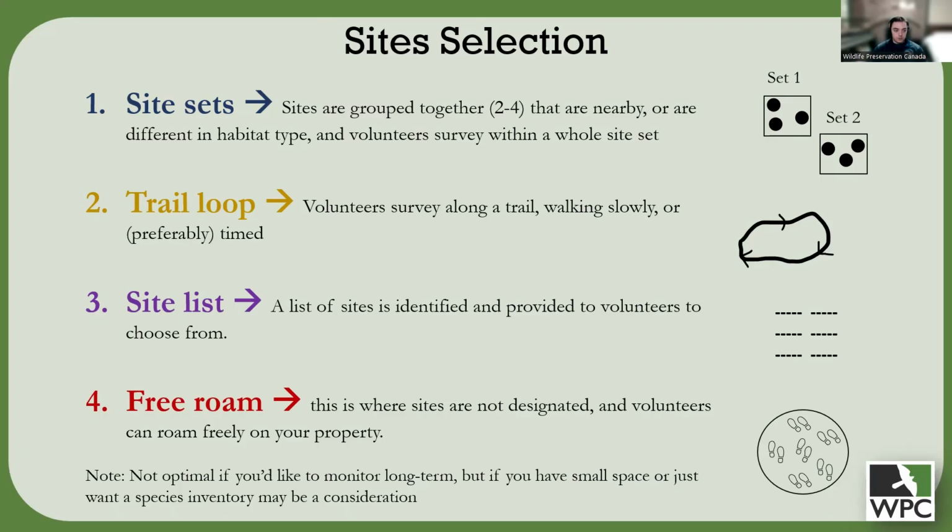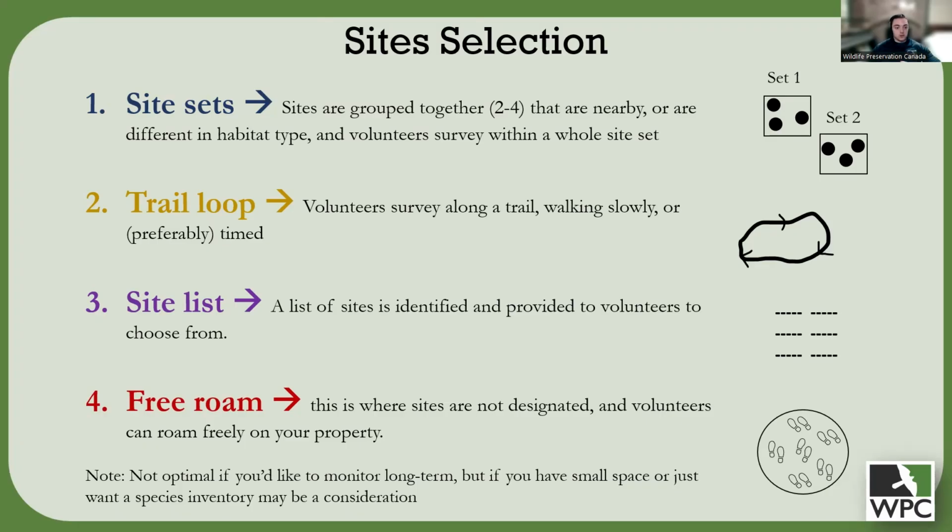Free roam, not ideal if you're looking to get long-term bumblebee monitoring data, but it's totally okay if you're just looking for a species inventory or if you've got limited areas that you can survey on your property. So if your property is small or you're restricted by permit to stay within a certain area, you can always just have free roam sites where a small open area is available for volunteers to wander freely and observe bees.